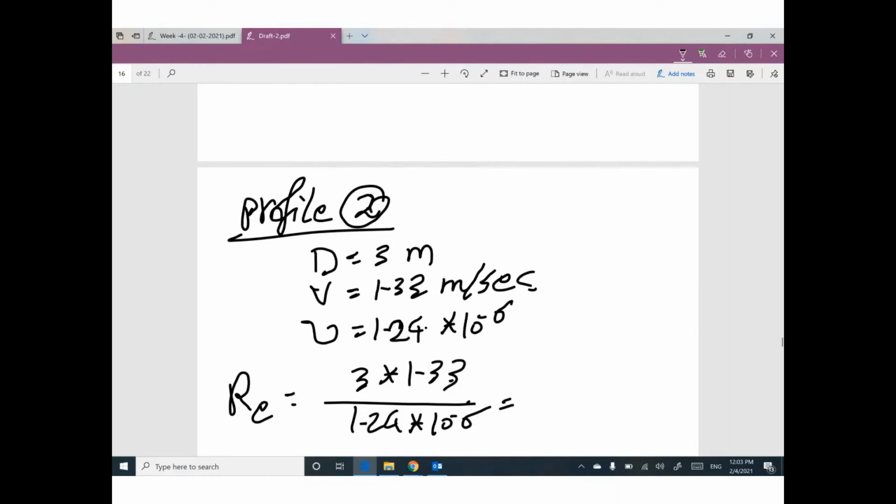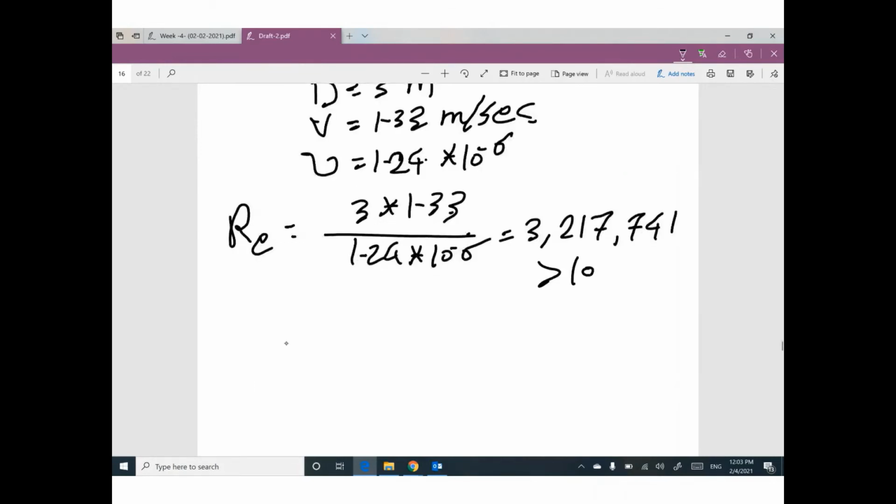This value will be 3,217,741. I believe this number also is greater than 10,000, so this one will be fully turbulent.